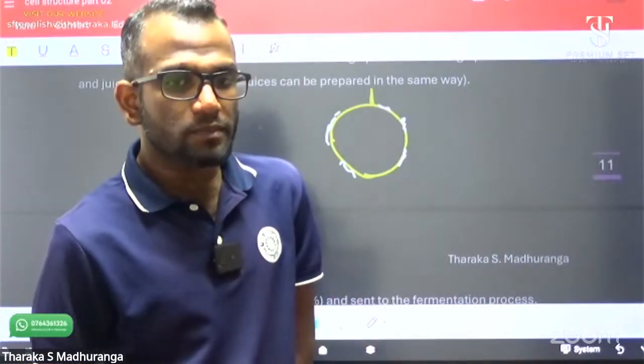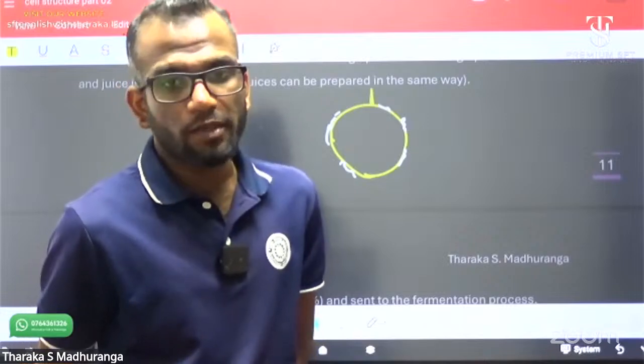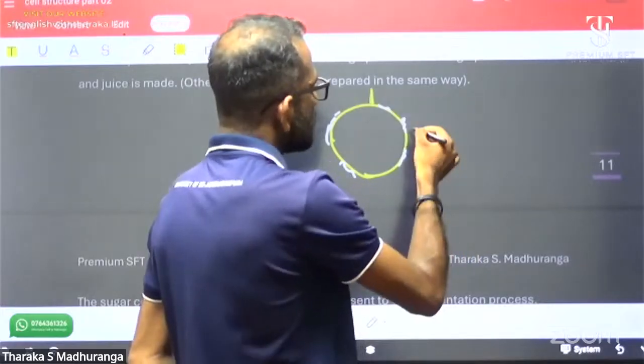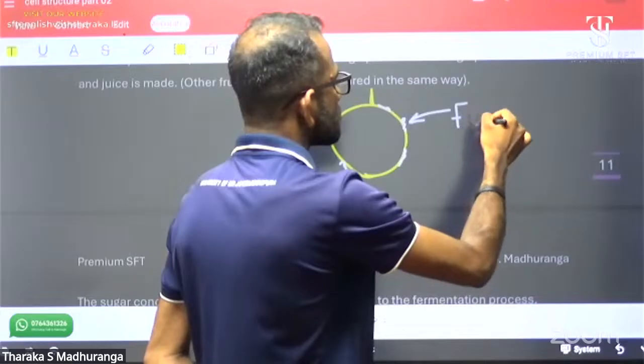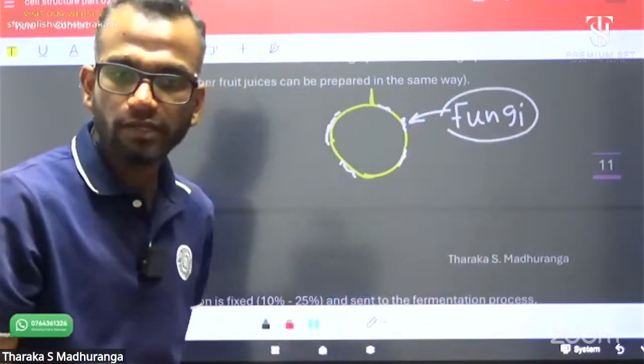Okay, what are they? They are a type of fungi. Grape skin is a good medium for fungi development, right? It's a type of fungi.